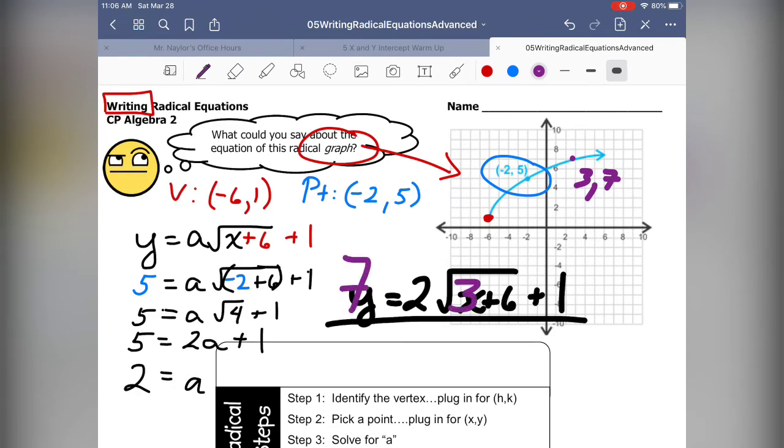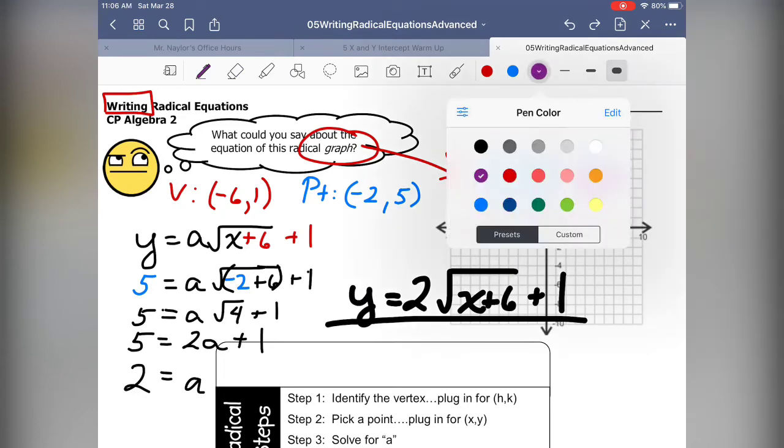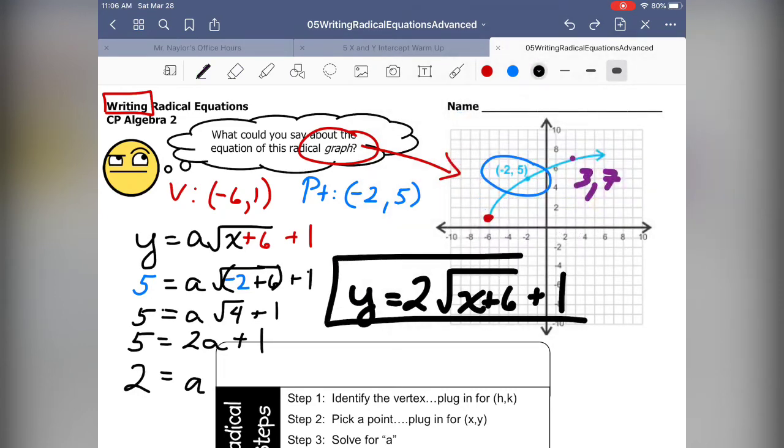If I plug in a 3 and a 7, and again do a little bit of math, we find out that the square root of 3 plus 6 is really the square root of 9, and the square root of 9, of course, is 3, and 3 times this 2 is going to be 6, plus this 1 indeed is 7. All this is a simple way to say that my equation is correct, because if I plug in an additional point, it satisfies.